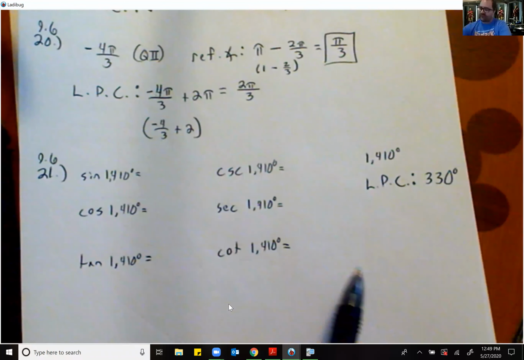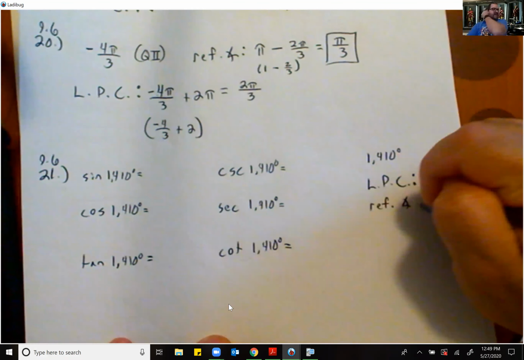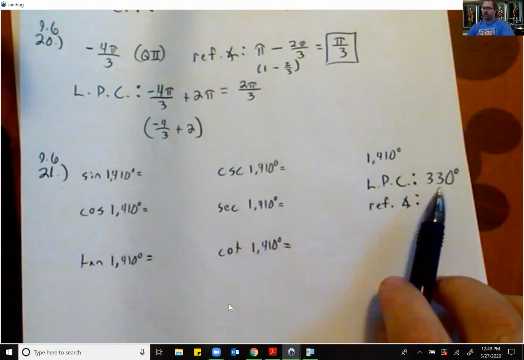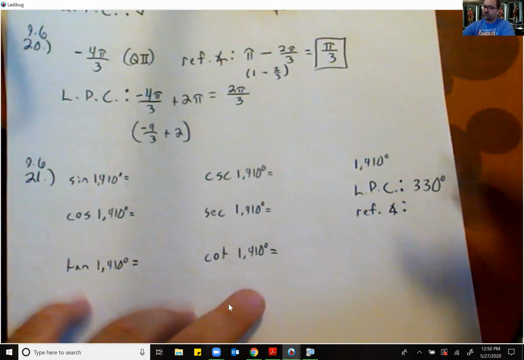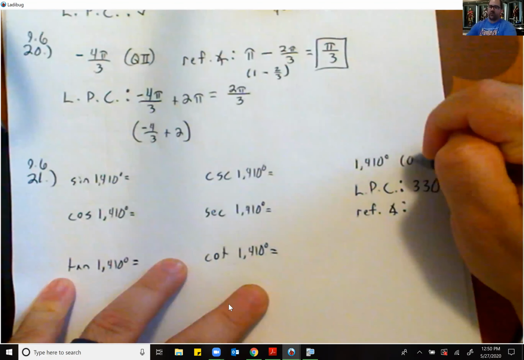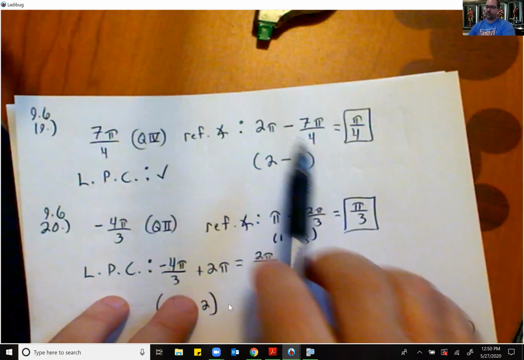Now we need to find the reference angle. Well, this is obviously not the reference angle because that's not in quadrant 1. So we know that this angle is in quadrant 4. And we've already talked about how to find the reference angle in quadrant 4. You just take 2 pi, or in this case 360, minus our angle.